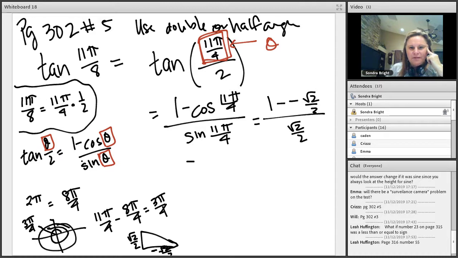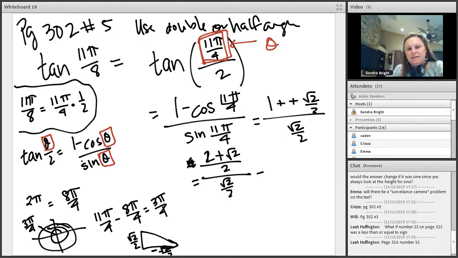So then that means you're going to add them, and that's 2 plus rad 2 over 2 divided by rad 2 over 2, right? And then the 2's will cancel, so you've got 2 plus rad 2 over 2 over rad 2.